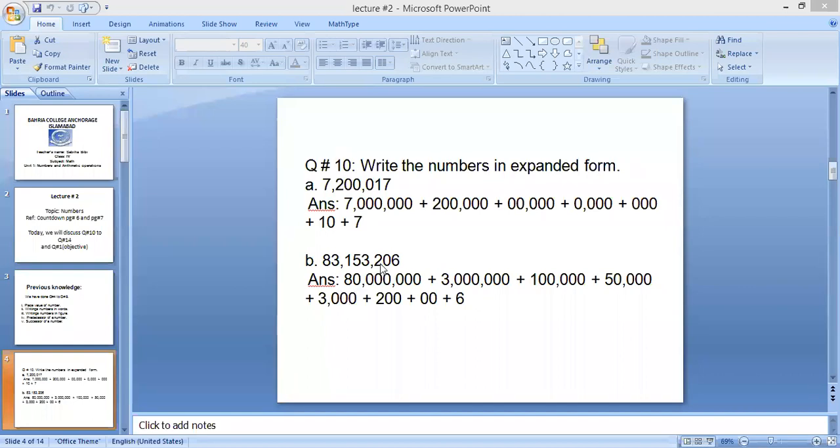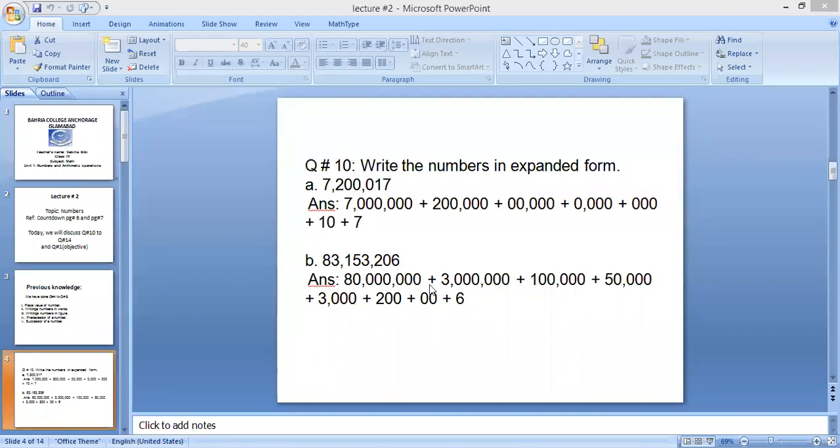For writing the place value of 2, you have 2 digits to the right side, you will put 2 zeros. For writing the place value of 0, you can check you have 1 digit here, so you will put 1 more 0. And for writing the place value of 6, you have no more digits here, so 6 stays as it is.